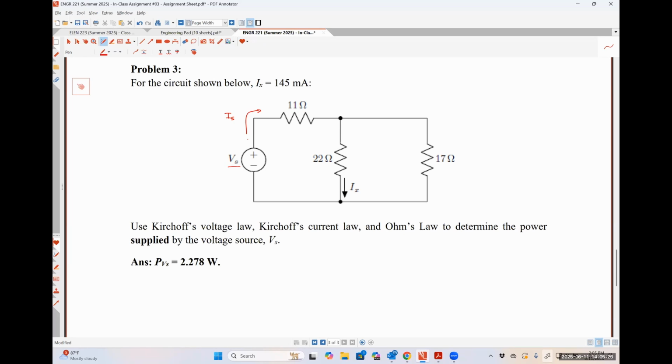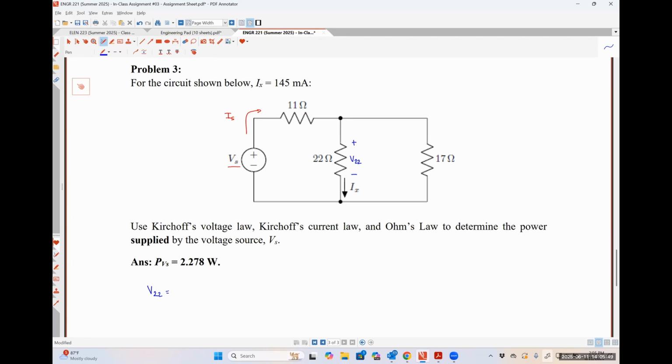So we know that the current flowing through the 22 ohm resistor is 145 milliamps. So I could say then that this voltage right here, which I'm going to call V22, can be found using Ohm's law.